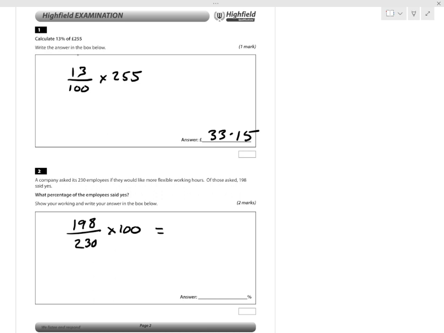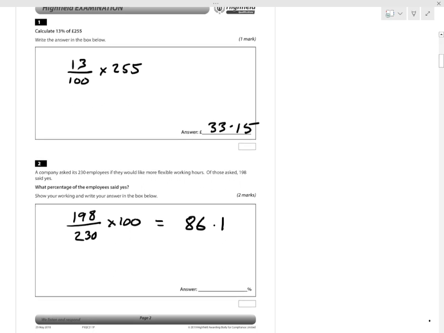So, cancel. 198 divided by 230 this time, times 100 is 86%, or thereabouts. I'll round it to 0.1.